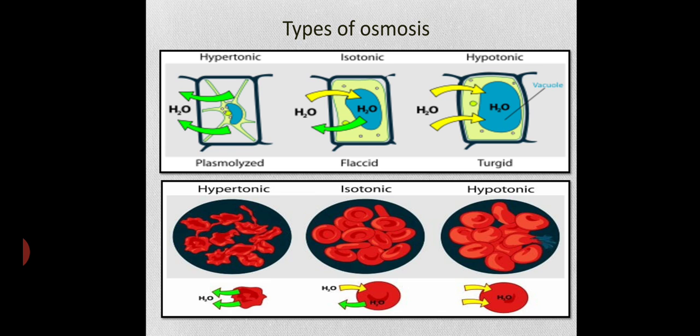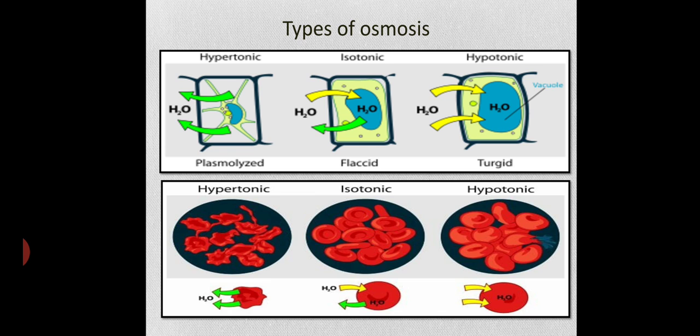So let me repeat this. The cell that has less water than the outside medium, so the water enters the cell. This is called hypotonic solution, or you can also say that it is known as endosmosis.